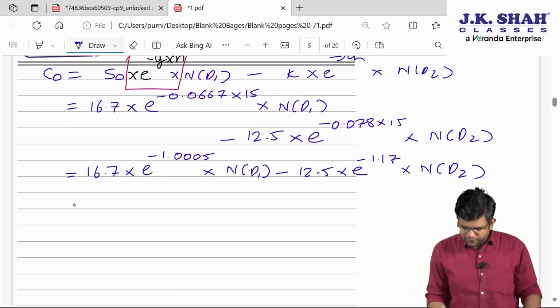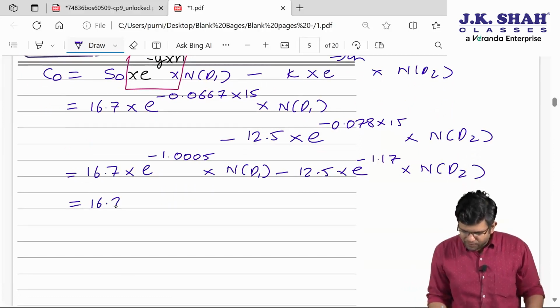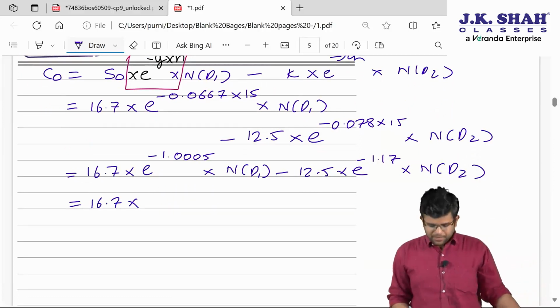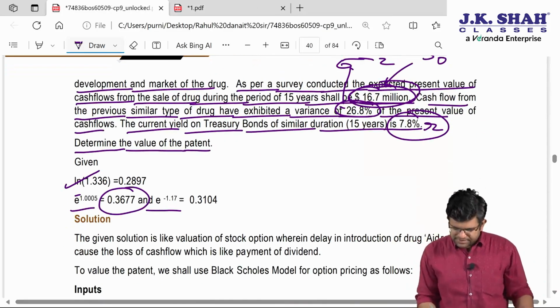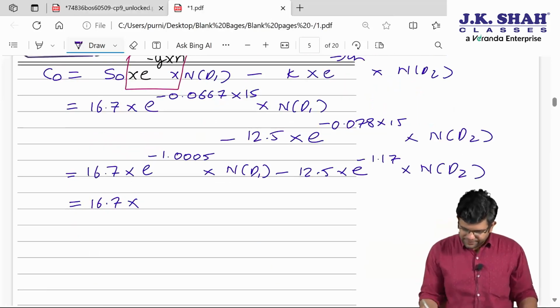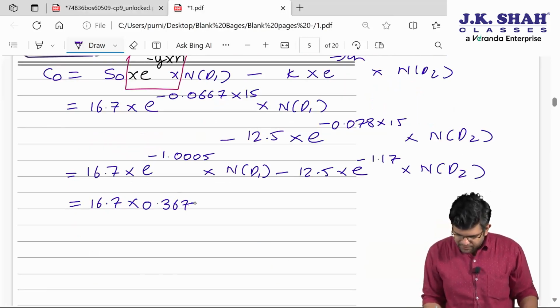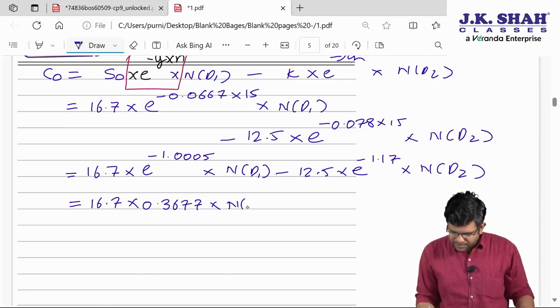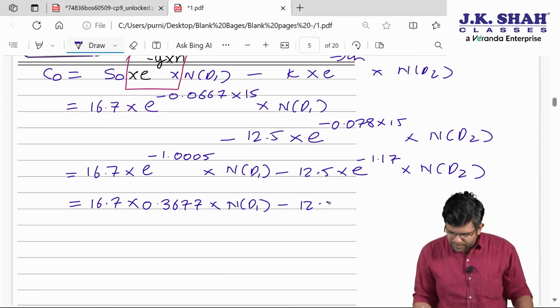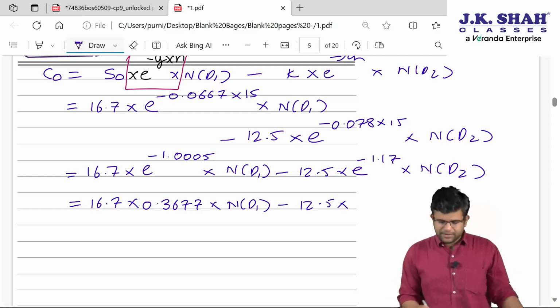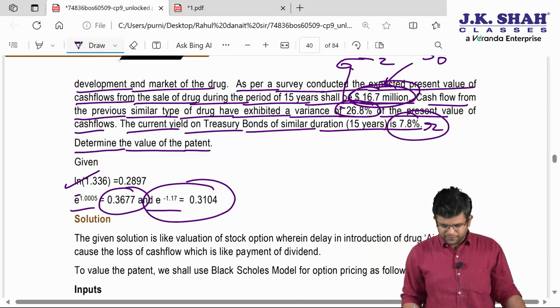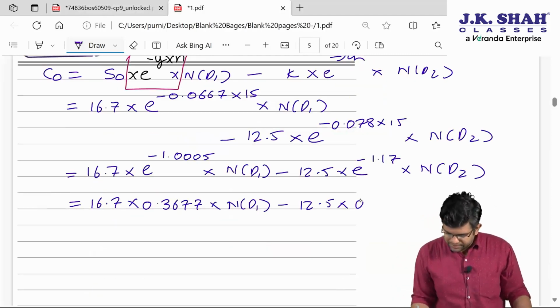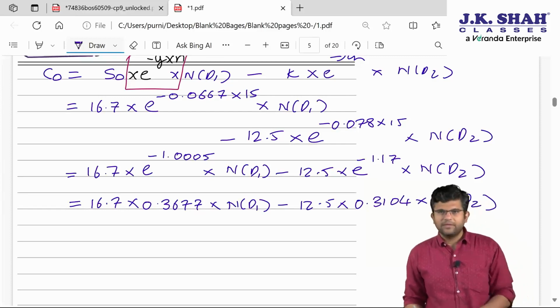Done. Now if you proceed ahead, this is 16.7 into e raised to minus 1.005, which is given to you as 0.3677. So I'll write 0.3677 into ND1 minus 12.5 into e raised to minus 1.17. E raised to minus 1.17 is 0.3104. So I'll write here 0.3104 into ND2. Everyone clear?